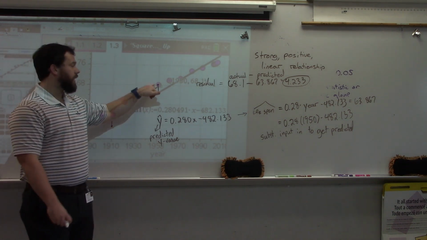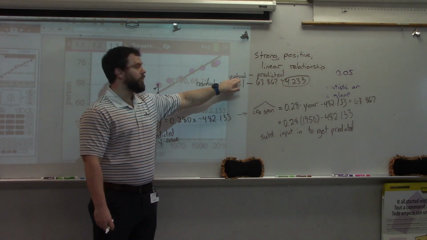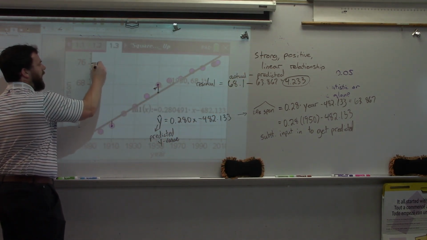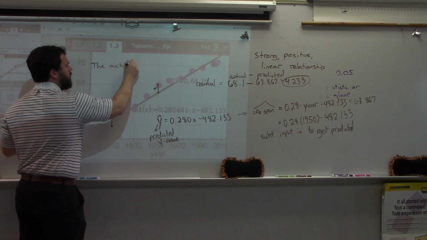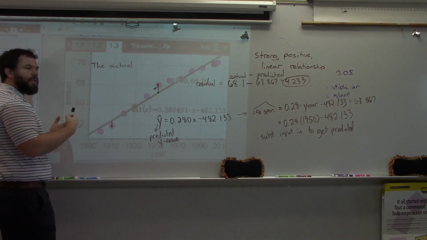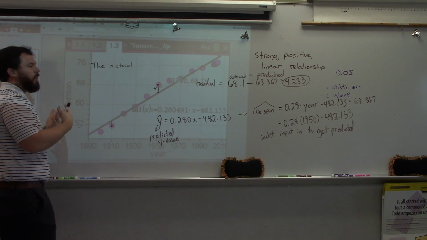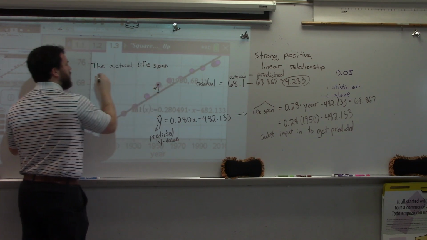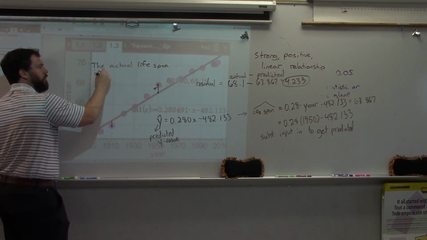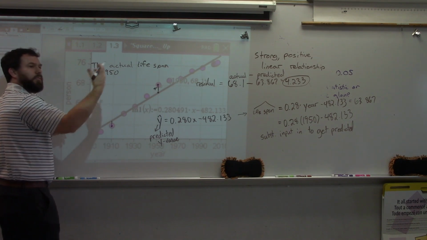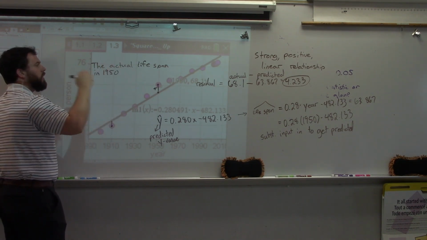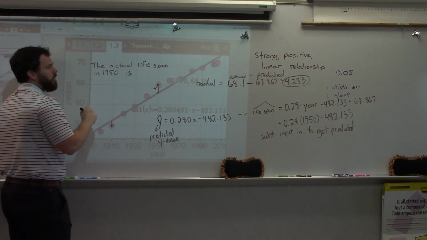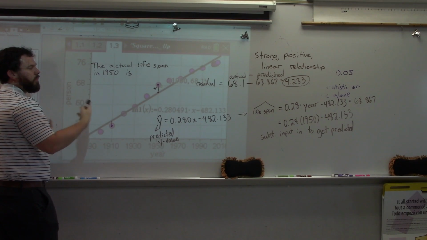That can work. I would usually start with the actual. The residual is actual minus predicted, so the actual what? The actual lifespan, in 1950. Notice how in my context, both my explanatory and my response, the actual lifespan in 1950 is above or below my prediction?